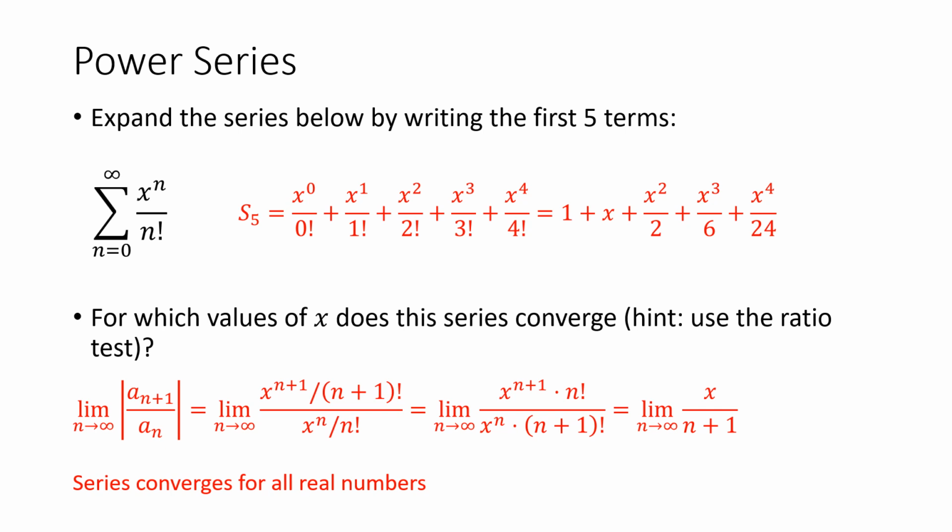Doing that, we get x to the n plus 1 over n plus 1 factorial over x to the n over n factorial. That then becomes x to the n plus 1 times n factorial over x to the n times n plus 1 factorial. Simplifying gives x over n plus 1. Because n goes to infinity, this means this series converges for all real numbers, since the limit will be 0 for every real number.